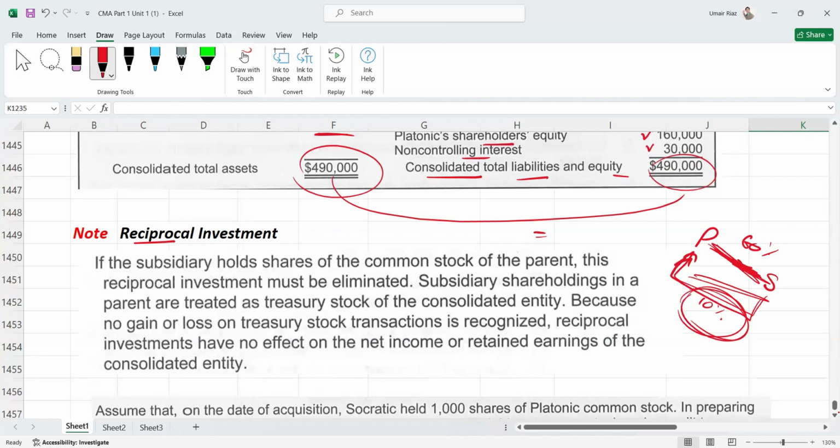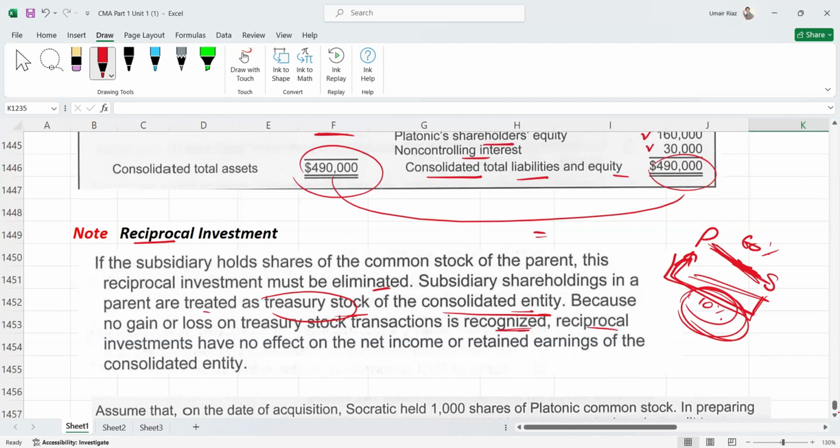We don't show it, okay? We don't recognize it. It must be eliminated. And subsidiary shareholding in parent is treated as treasury stock of the consolidated entity, because it's like I am buying my own shares, right? This is treated as treasury stock of the consolidated entity because no gain or loss on treasury stock transactions is recognized.